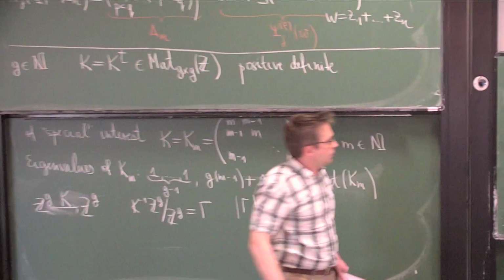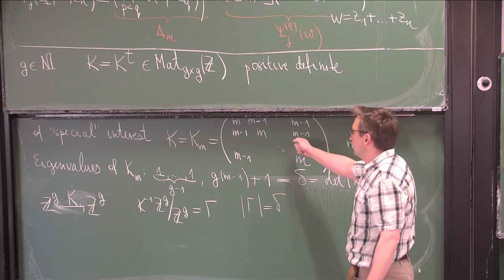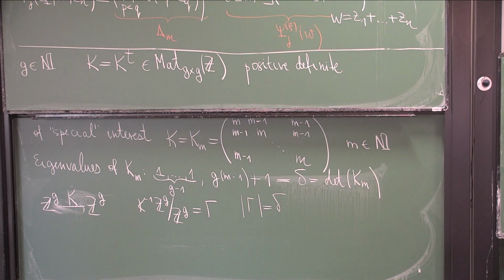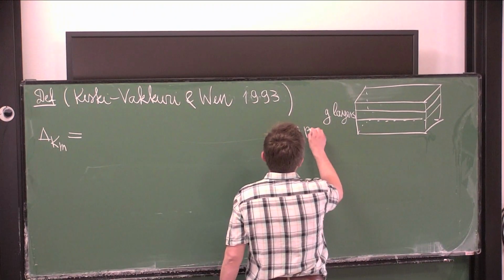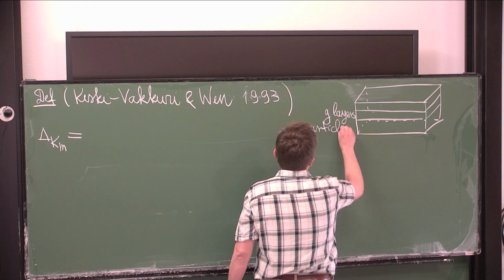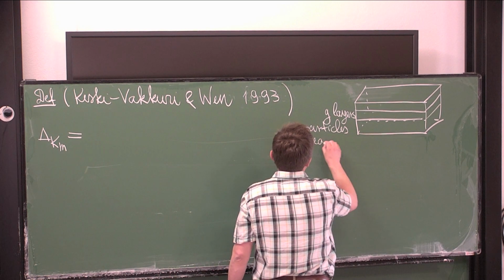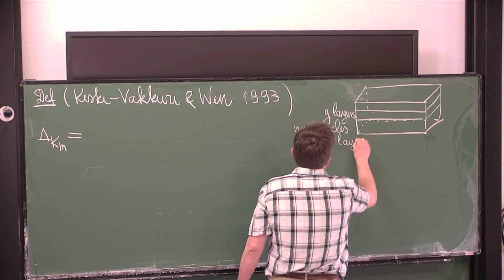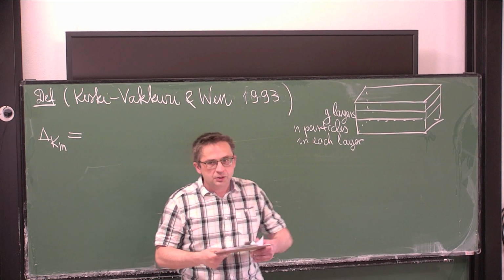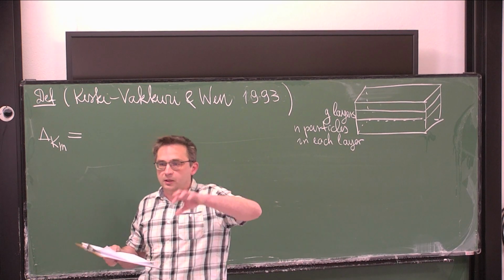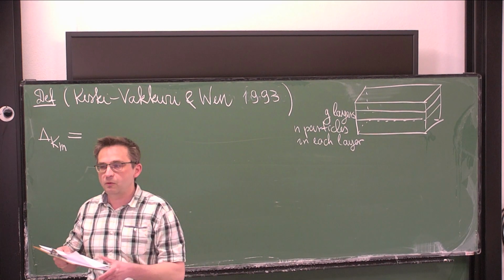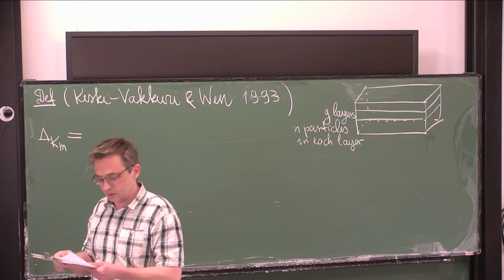For this special matrix K, the model says that there are n particles in each layer. For general K, the matrix K dictates the way the number of particles is distributed among layers.